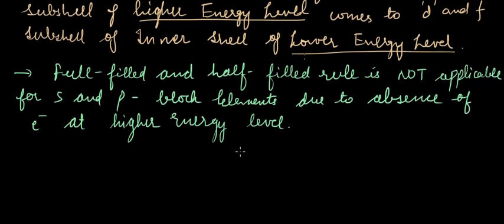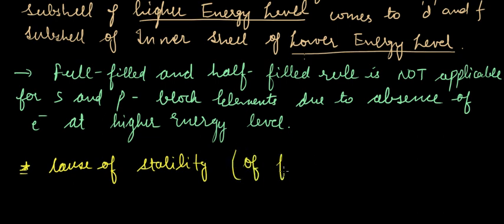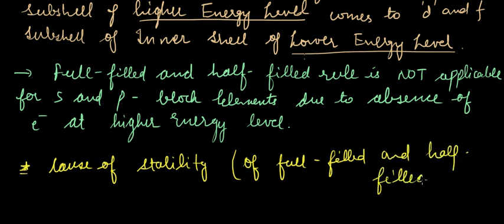Okay, so next we'll be seeing the cause of stability of full-filled and half-filled configurations of subshell. Okay, so full-filled and half-filled configurations of a subshell are extra stable than any partially filled configuration due to the two following reasons.